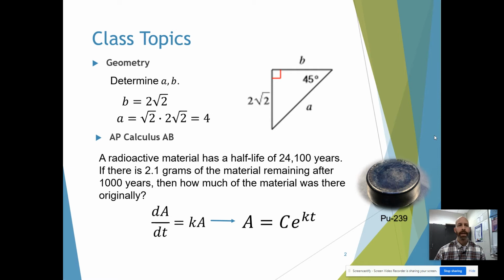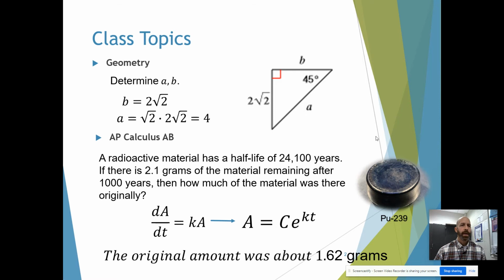So the amount A is equal to the constant C e to the proportionality constant k times t, where t represents time, in this case years. And so in this particular problem, you would first find the value of k, and then you could figure out what C is, which turns out to be 1.62 grams approximately.